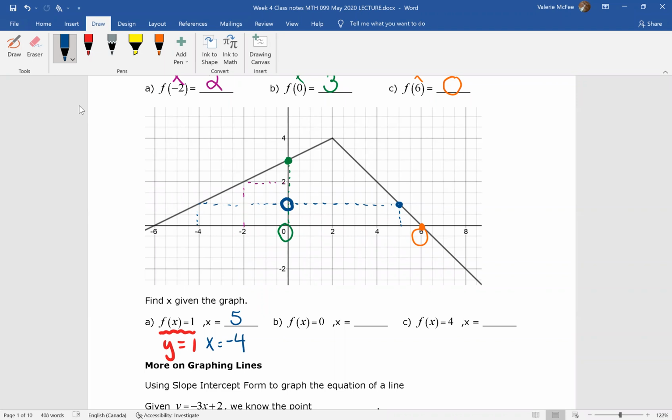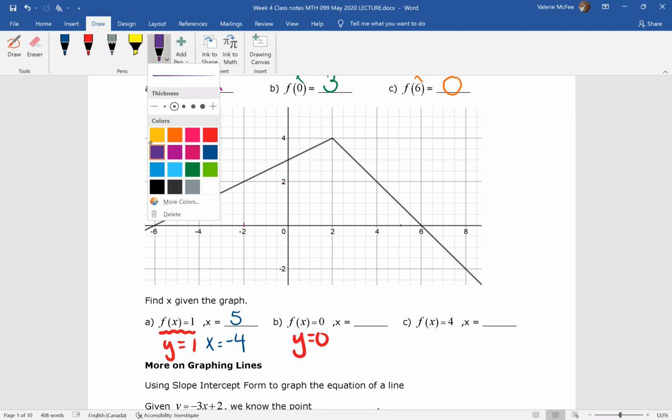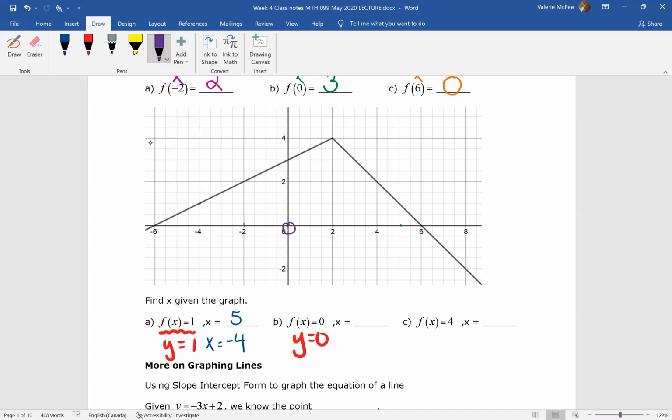Let's get rid of some of this and do the next one. The f of x equals 0. So again, we're being told that y equals 0. We want to find our values for x. When y is 0, we know we're here. Again, there are two values of x. X equals 6 and x equals -6.